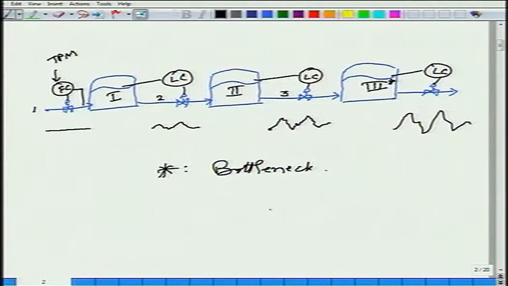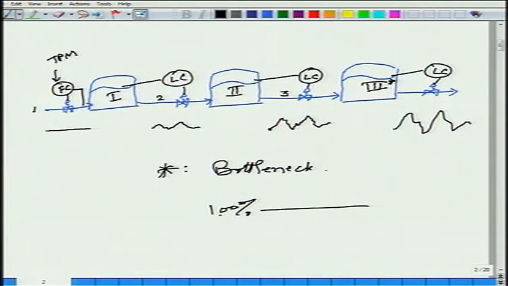Now unit 3, there is a capacity constraint. What that means is there is a 100% limit. Unit 3 cannot handle it if the feed to that unit goes beyond this 100% limit. Okay? Yes or no?